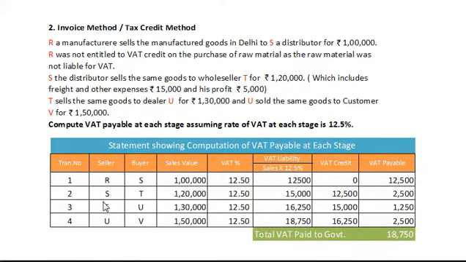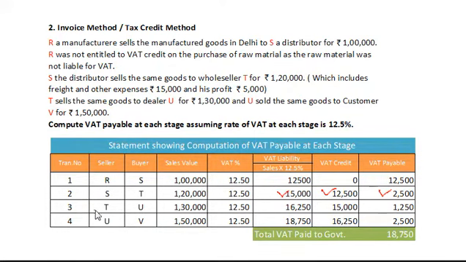S is eligible for the VAT credit paid to R, that is 12,500. So 12,500 will be credit available to S. So finally VAT payable to the government by S amounts to rupees 2,500, that is 15,000 minus 12,500.